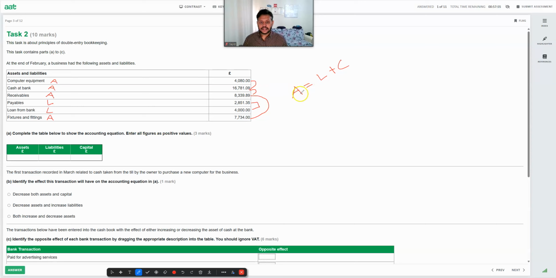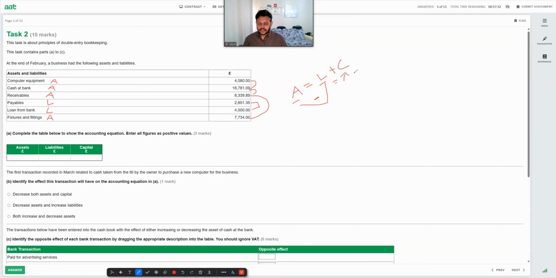Now if I have the asset and the liability and I'd like to find the capital, I just need to subtract these 2, find the difference, and that will be the capital. So remember, asset equals liability plus capital. They could give it to you the other way around, so you just need to make the calculation.